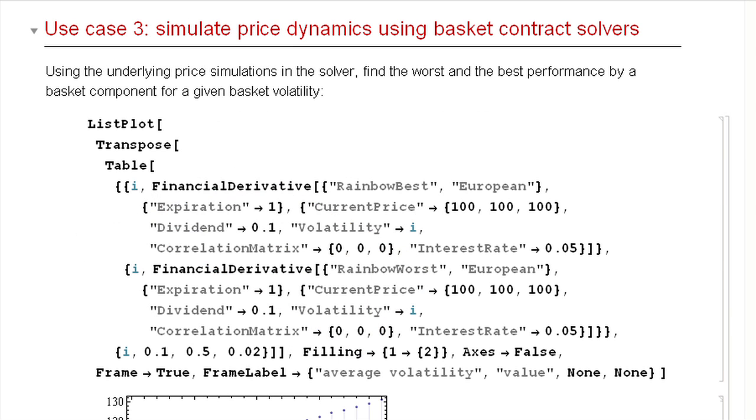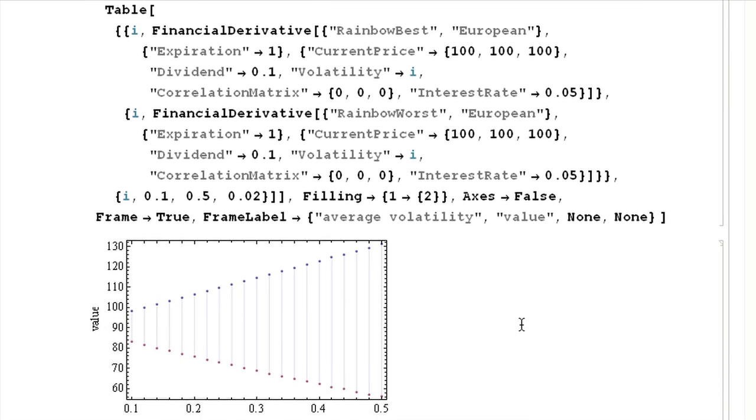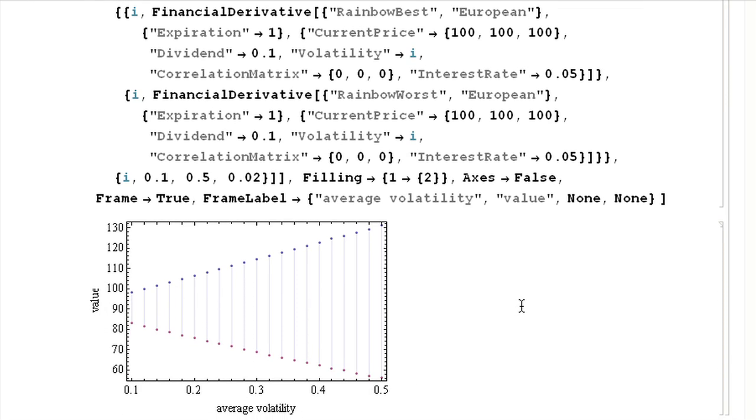The next example, I took it out of the documentation page for FinancialDerivative. It's a way to use the internals of FinancialDerivative to illustrate a quite interesting, or intuitive, concept, but nevertheless a simple way to illustrate the spread of returns as a function of the volatility of the portfolio. So I'm using here the solvers for the rainbow options, which are basket options, options on multiple underlying assets.